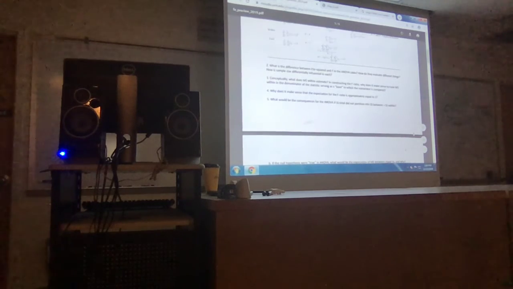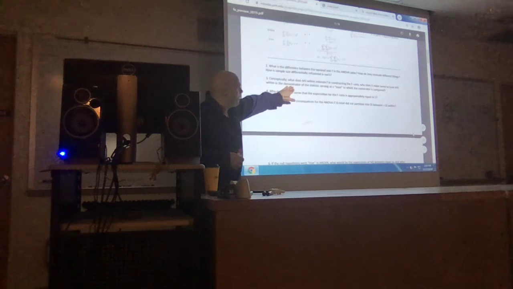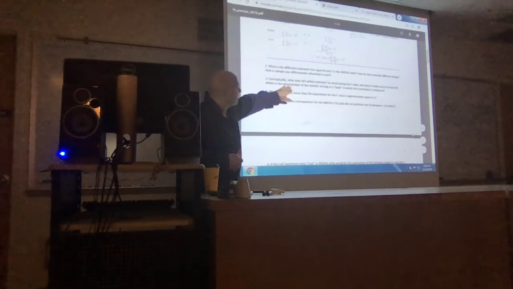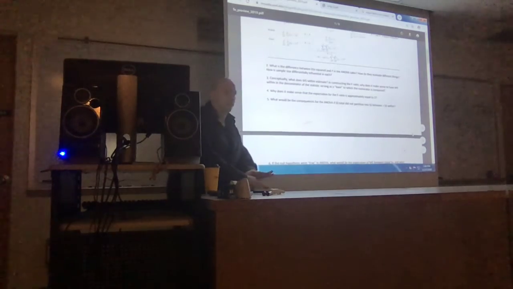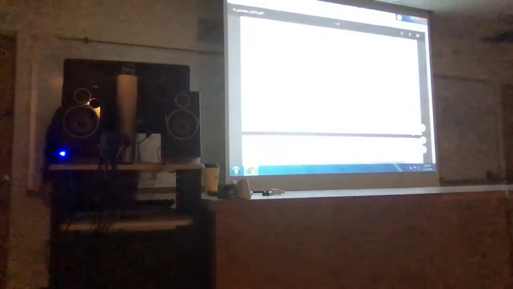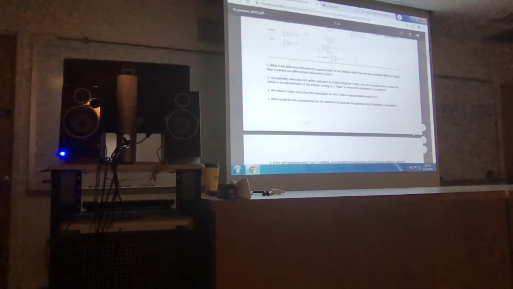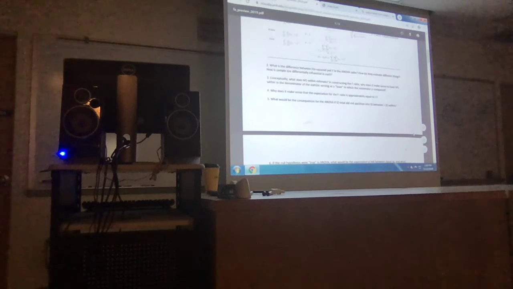Number 3: conceptually, what does MS within estimate in constructing the F ratio? Why does it make sense to have MS within in the denominator of the statistic, serving as the base? We've talked about that in the one-way, and in the factorial.